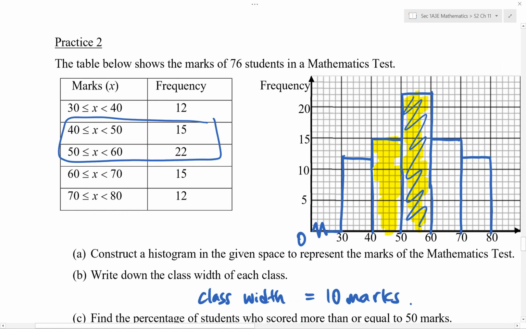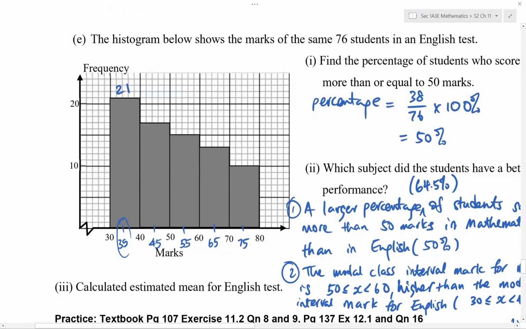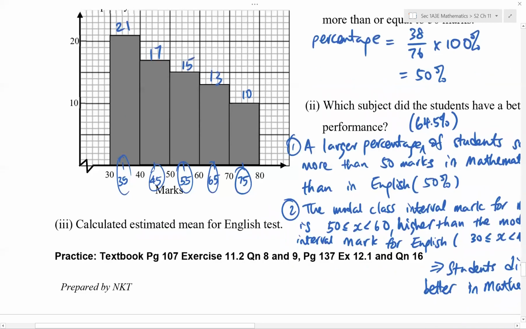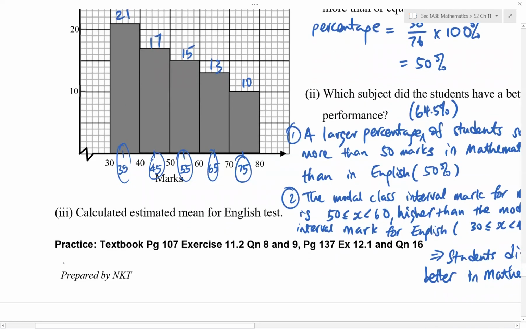We do not have the raw data. So what we're going to say is that these 21 students, they scored approximately 35 marks. And that is why it is an approximation. We're going to continue to say that 17 students, they scored approximately 45 marks. Clearly, this is not exact, but that is why we are calling it an estimation of the mean, because we have lost data.